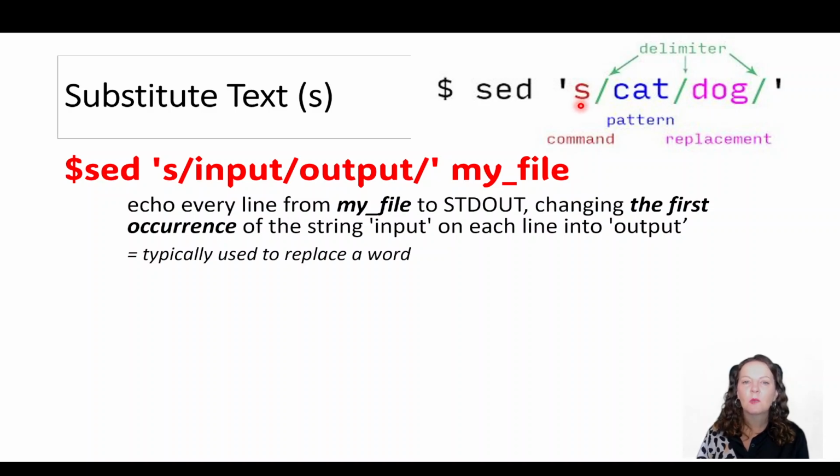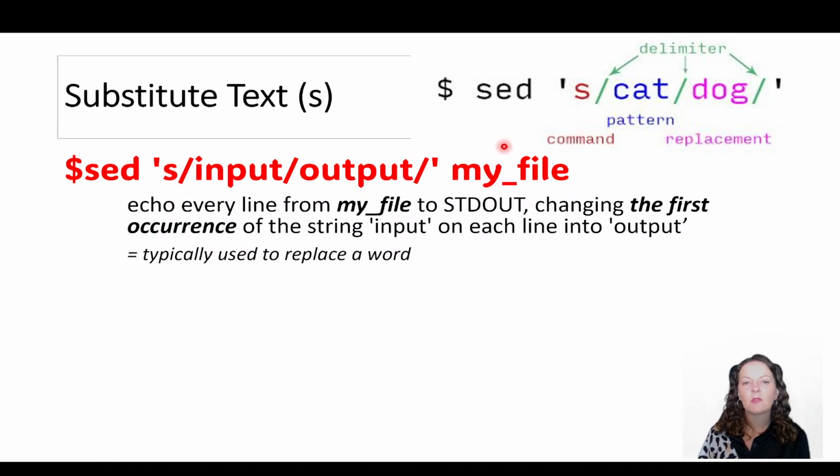I want to substitute cat, there's my pattern, cat, and replace the cat pattern with dog. That's my replacement. So as I run down through each and every line, the first instance of cat will get replaced with dog. So echo every line from, oh yeah, I forgot my file. I would have to have a file name in there as well. That's grand if I'm just running on my command line.